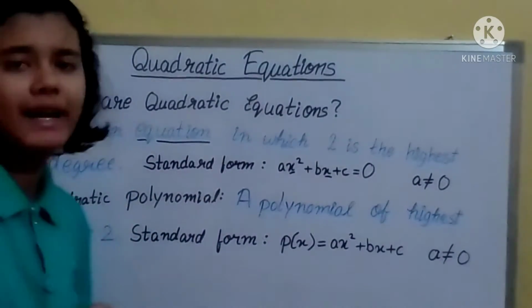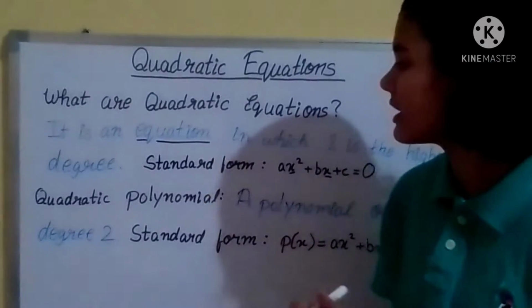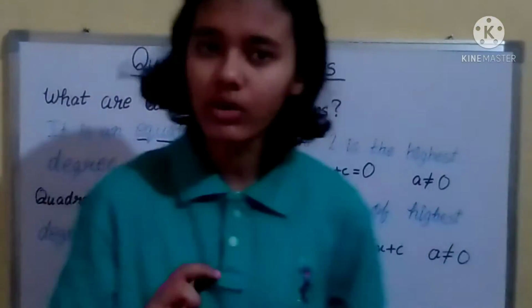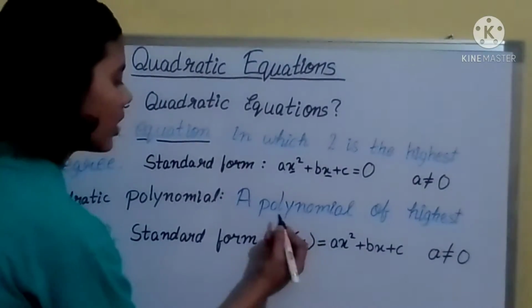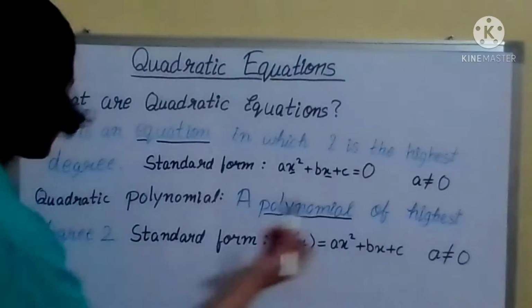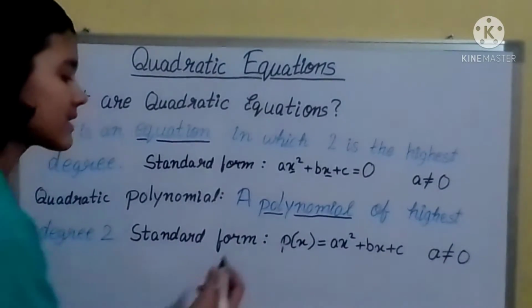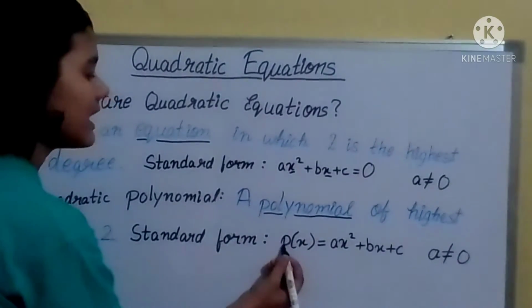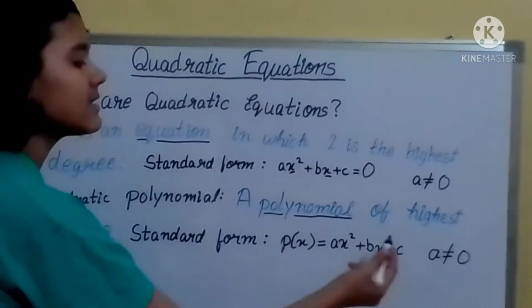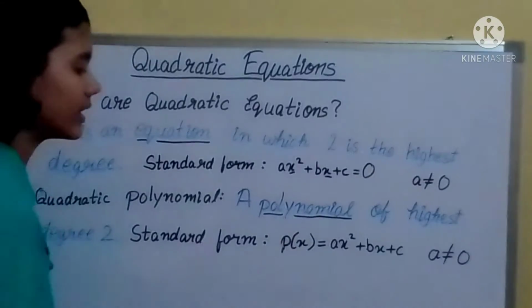Now it comes to mind what is the difference between quadratic equation and quadratic polynomial. Okay, so quadratic polynomial is a polynomial of highest degree 2 and the standard form is p(x) is equal to ax² plus bx plus c, and a is not equal to 0.